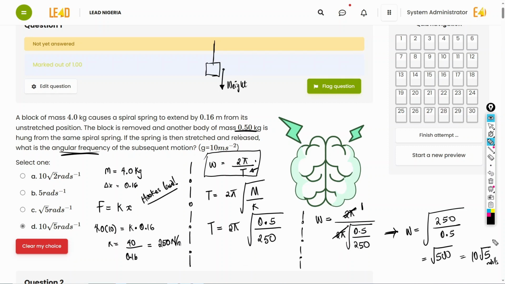Now, two things that are very important in questions like this is that you know as many equations as possible, and then also that your algebra is sound, right? Because this question really is not under elasticity, but then Hooke's law came into play. Okay, that's question 1.